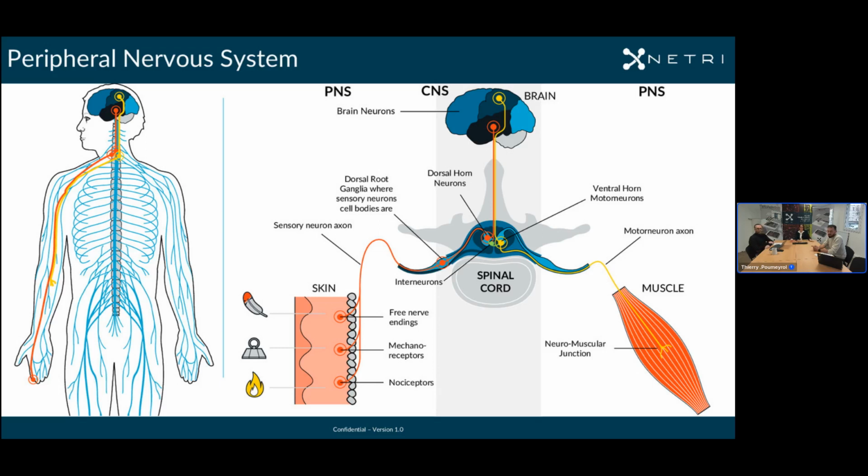So from the target organs in the periphery, you will have free nerve endings and mechanoreceptors that bring the signal to the dorsal root ganglia, where the cell bodies of sensory neurons are located, and the sensory neurons will project their second axon to dorsal horn neurons that will relay the information to the CNS and the brain, an area of consciousness of the pain.